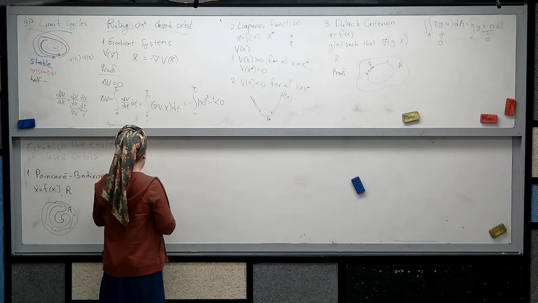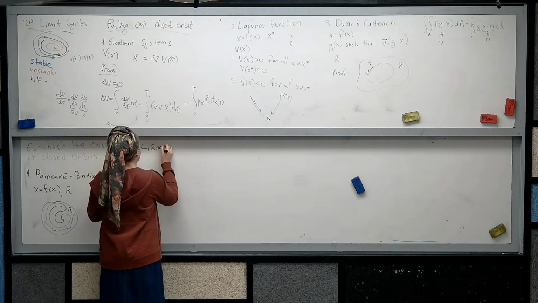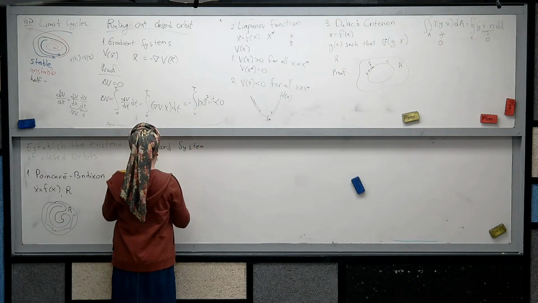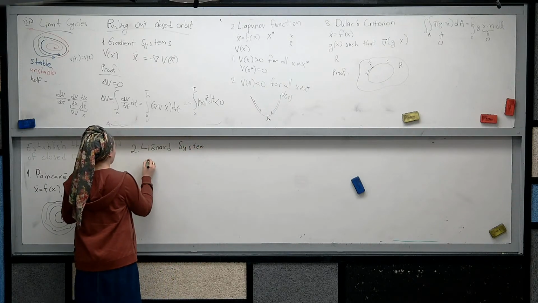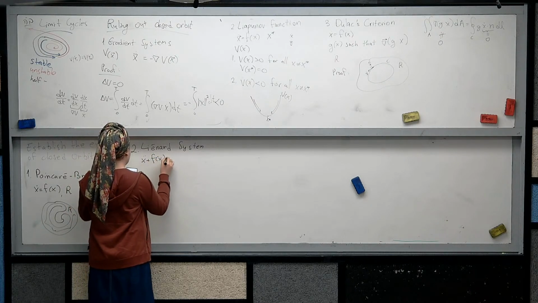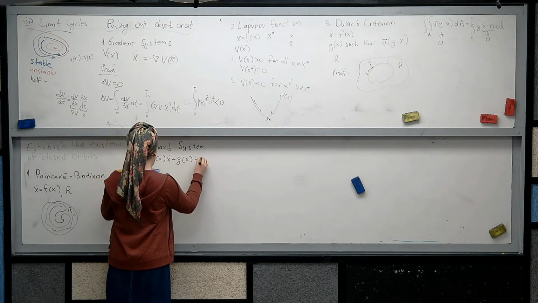Okay, second way, Liénard system. The Liénard equation is x double dot plus f(x) x dot plus g(x) equals 0.